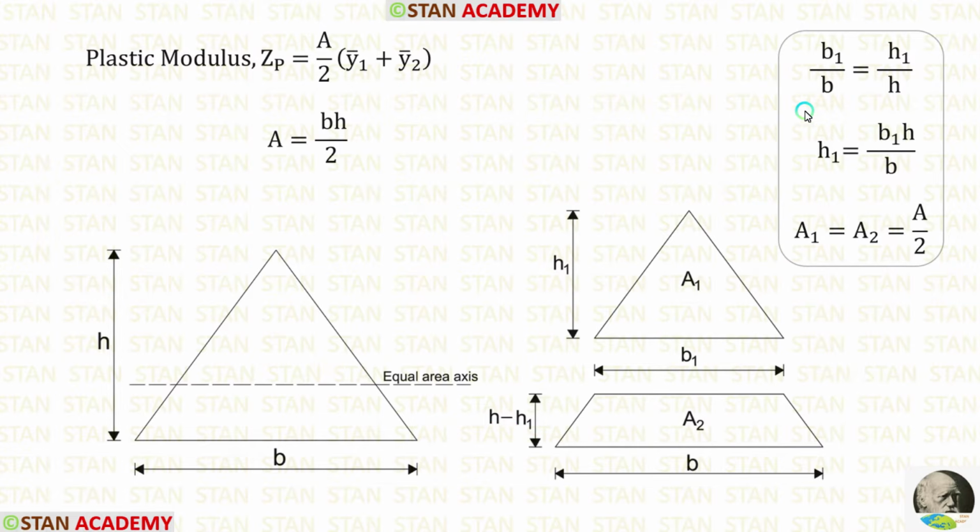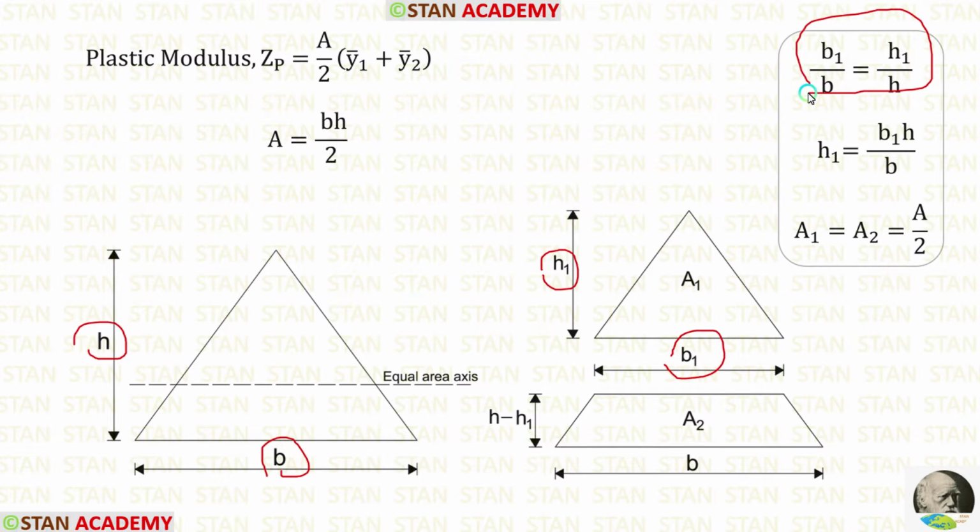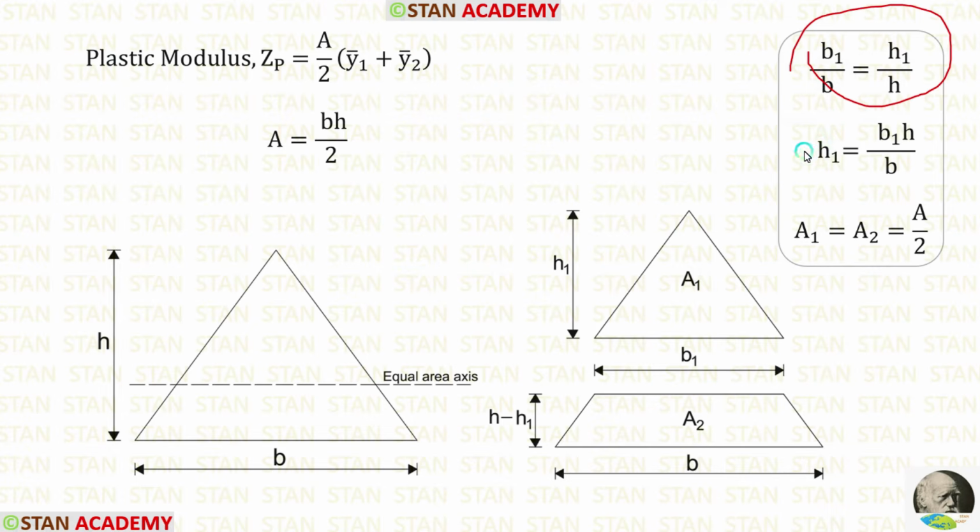For that we are having two conditions. According to the properties of the triangle, b1 by b is equal to h1 by h. From here we can derive one formula for h1: h1 is equal to b1h by b.